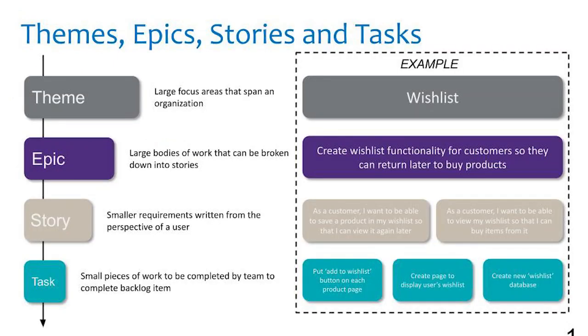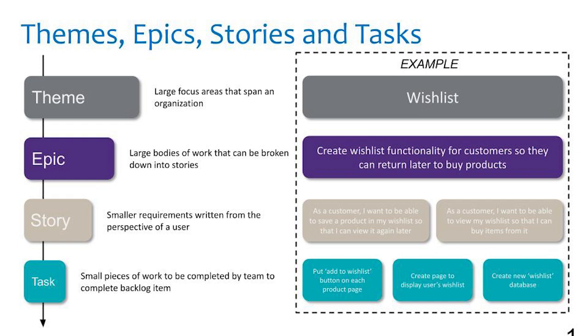Next, I want to speak about the concept of themes, epics, stories, and tasks. This is simply breaking down work. This is a very key Agile concept that works regardless if you're doing Agile or whose role you have where. We need to categorize if our work is big or if our work is small.